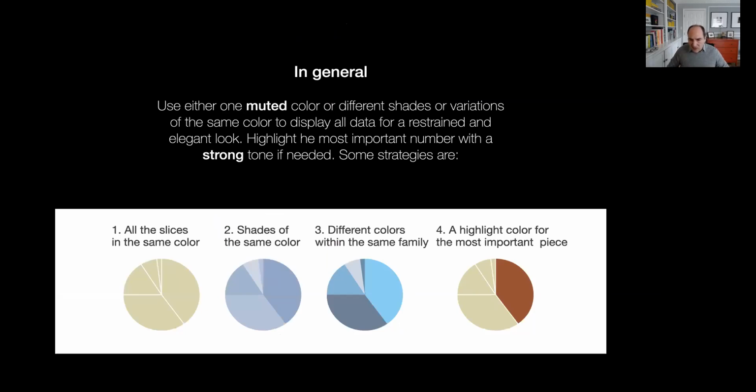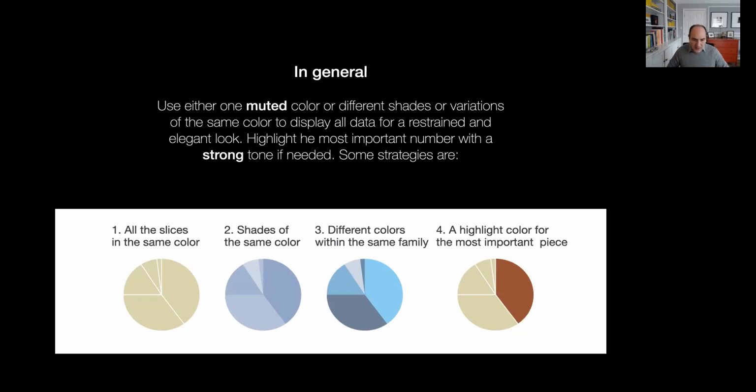So in general, for simple charts, you can use one muted color for all the parts of a graph. For example, you have a simple bar graph. There's no reason those bars should be different from each other in color, and they can all be the same. And then if you need to highlight one, you can use some brighter color. Those are some ideas, some strategies.